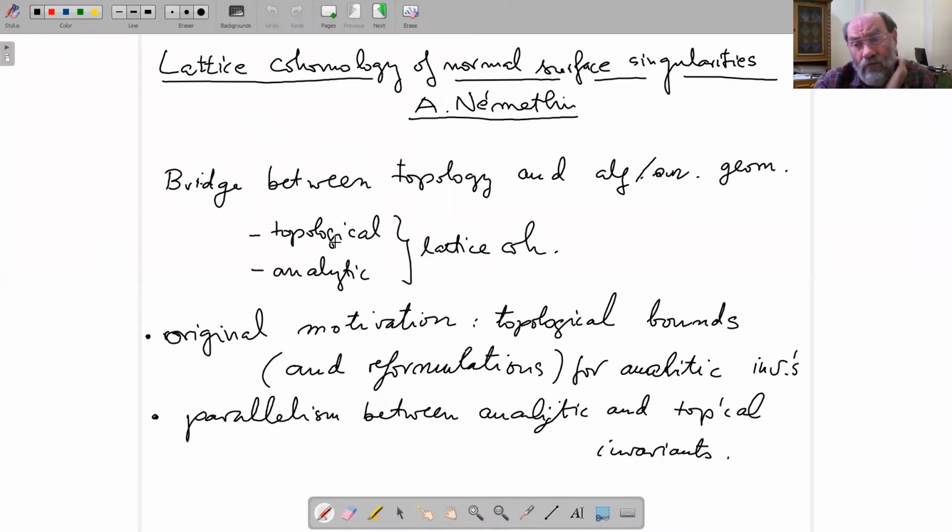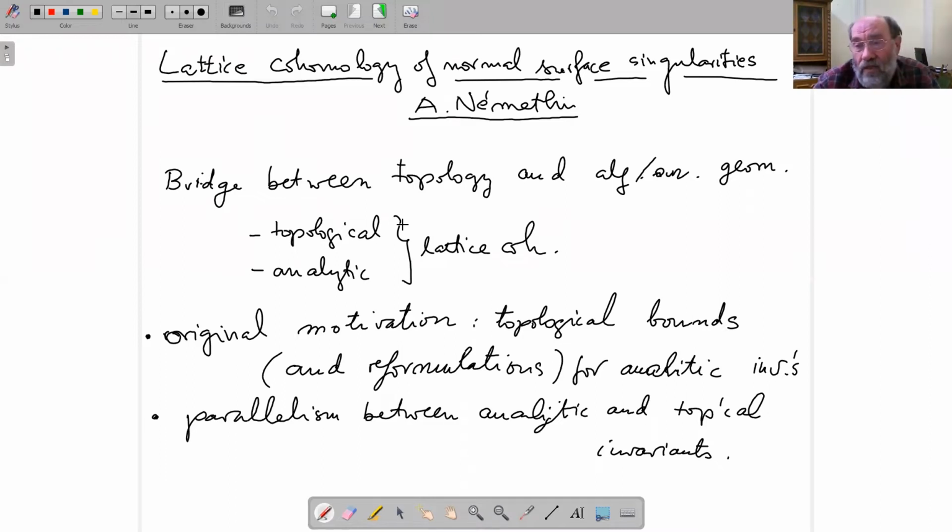The motivation was that I wanted to understand analytic invariants like the geometric genus or cohomology of line bundles on the resolutions. And I wanted upper bounds, ideally nice topological upper bounds. And even in some cases when the analytic type is nice, say weighted homogeneous or rational or elliptic, then I wanted to characterize analytic invariants topologically.